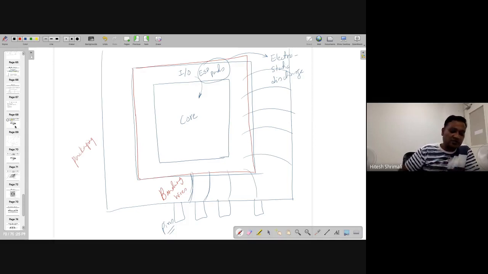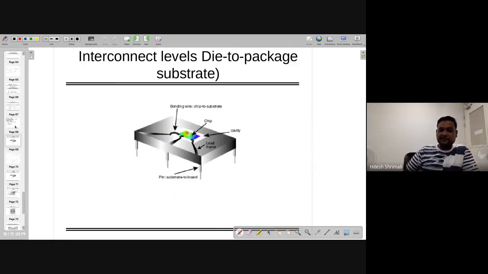Let's understand that when we refer to the word chip, the chip is actually the core plus IO. And you connect the outer pins through some kind of bonding wires, and this is known as chip to substrate, because they want to connect the chip to the substrate.